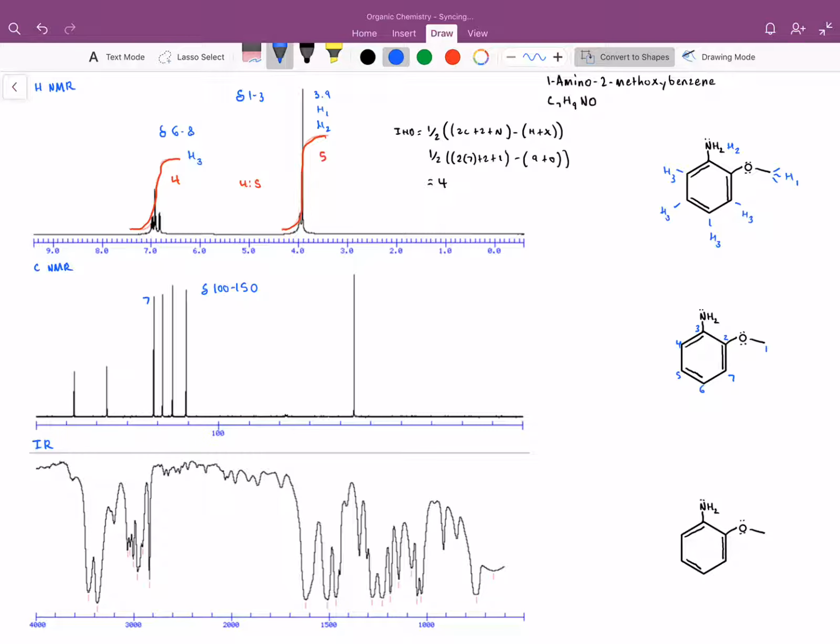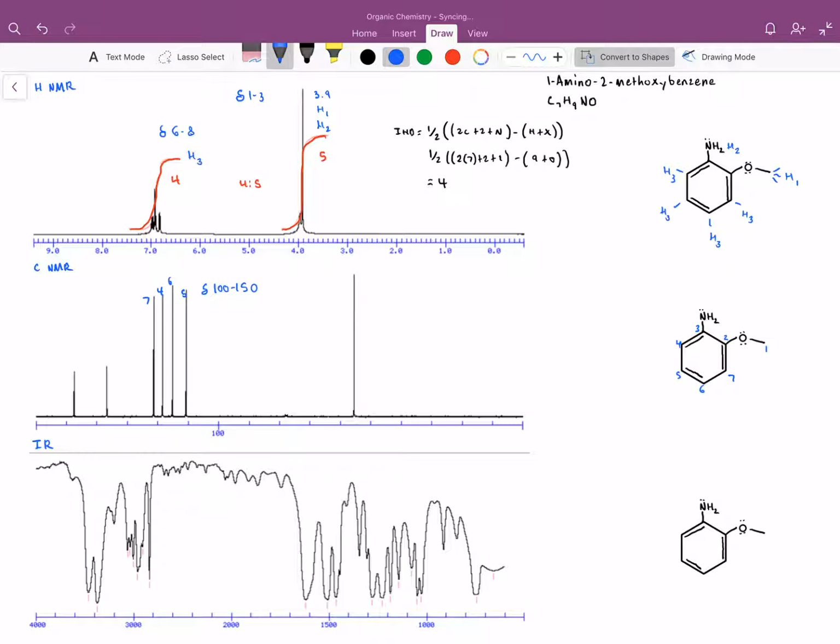And then I'd go carbon number 4, as it is close to the nitrogen, which is electron withdrawing, and not directly attached, just like carbon number 7 was not directly attached to the oxygen, but close to the oxygen. And then I'd go carbon number 6 and carbon number 5. Carbon number 7 and 6 are closer to the oxygen, and they're higher in shift values than carbon number 4 and carbon number 5.